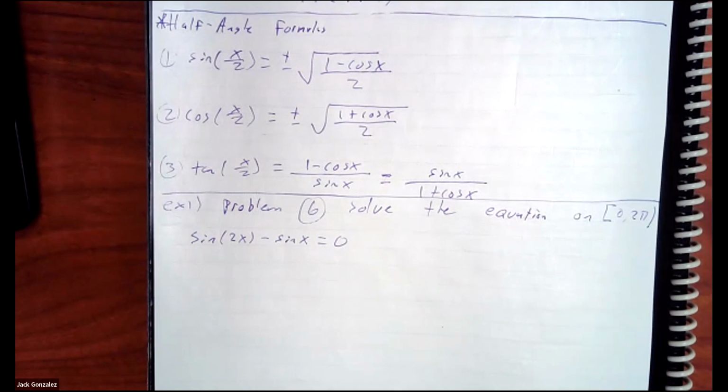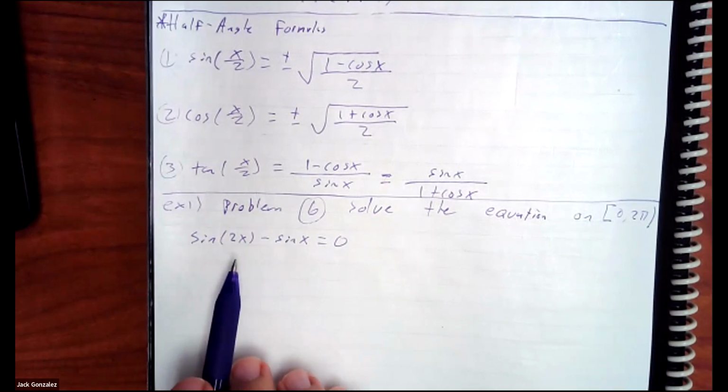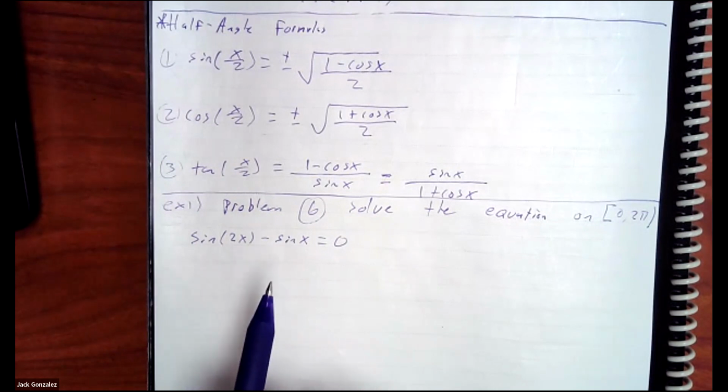So we can't factor sine or anything because we got that double angle in there. So look at the double angle formulas. What is sine 2x equal to?